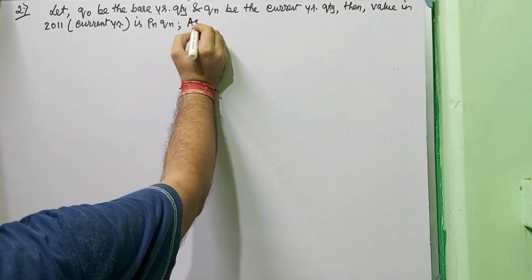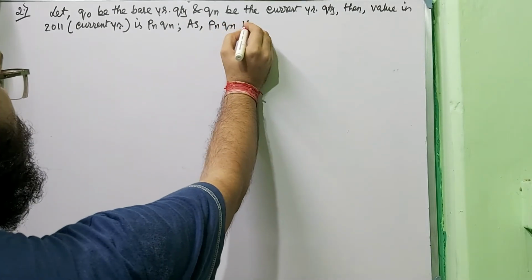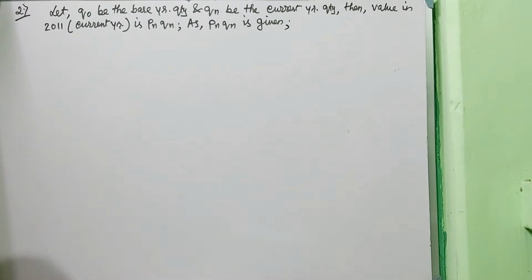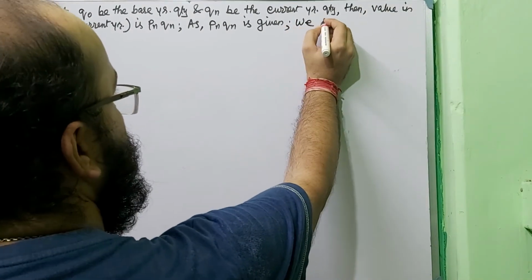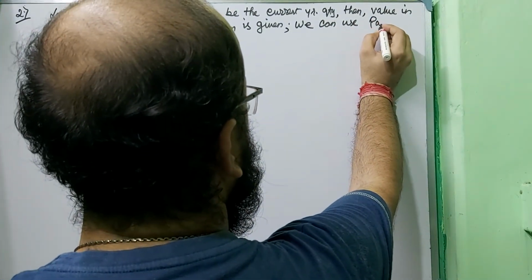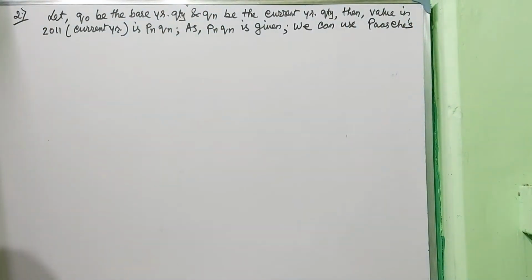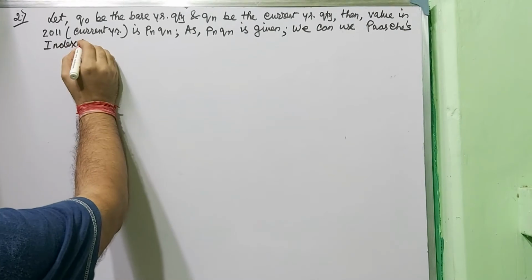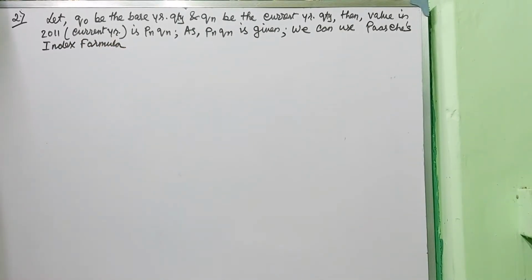As PnQn is given, we can use Paasche's index formula, right? Paasche's index formula, we can easily use it.